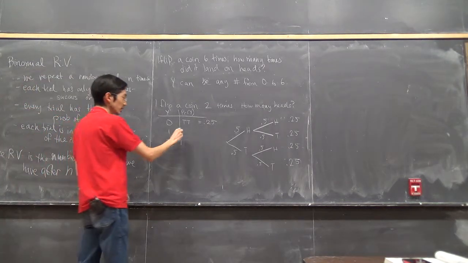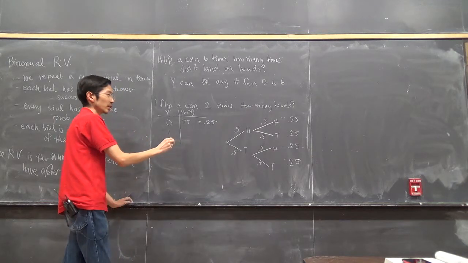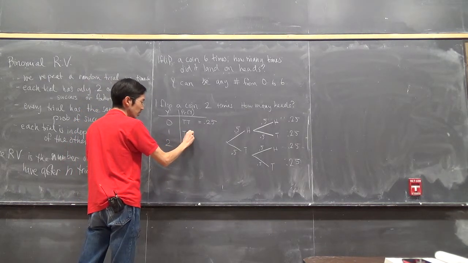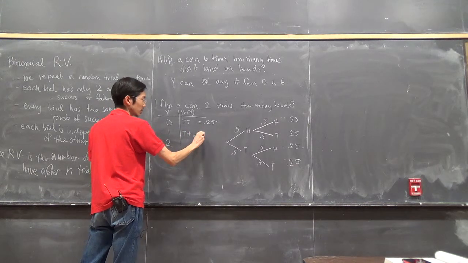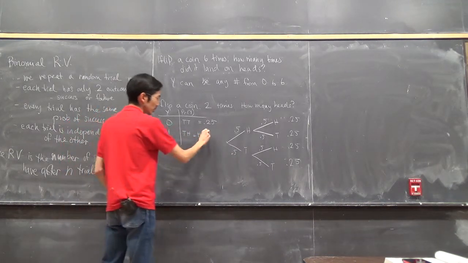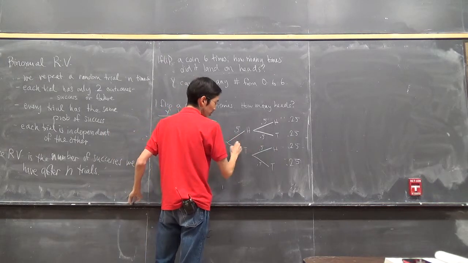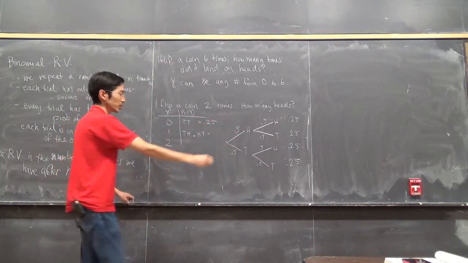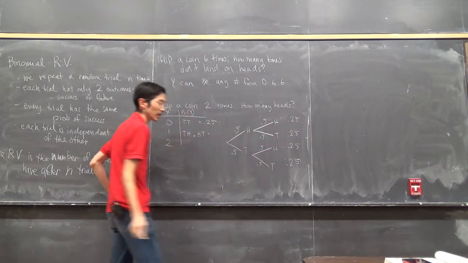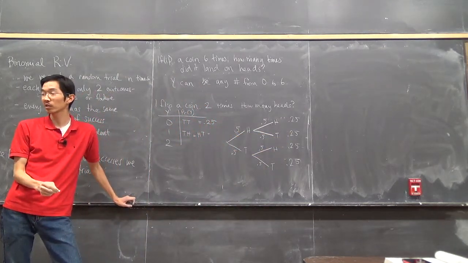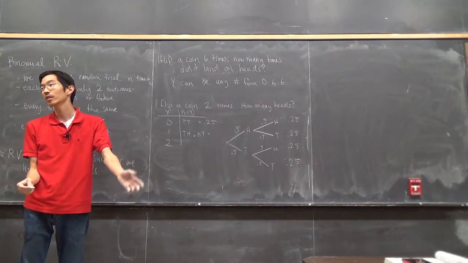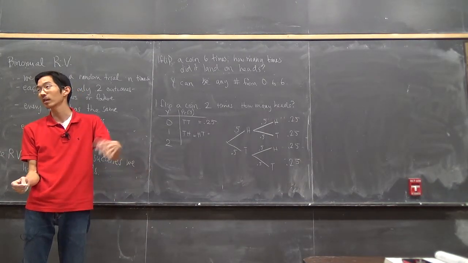And over here, what's the probability that I get 1 head? Okay, I either can go tails, heads, or heads, tails. And so the probability of this happening is 0.25, and the probability of this thing happening is 0.25. These are mutually exclusive events. Okay, if the coins landed heads, tails, they could not at the same time have landed tails, heads.